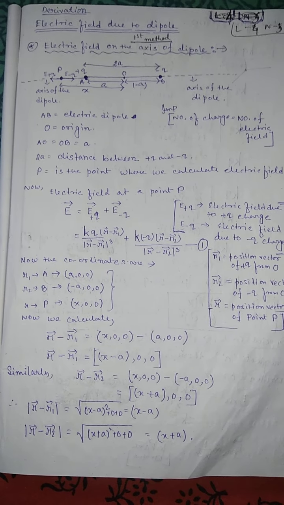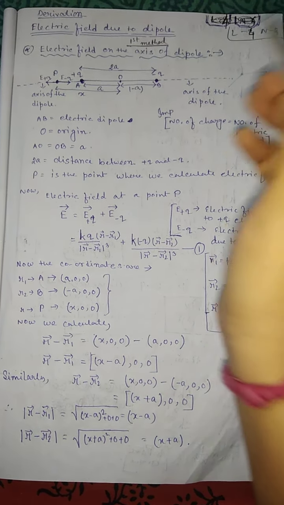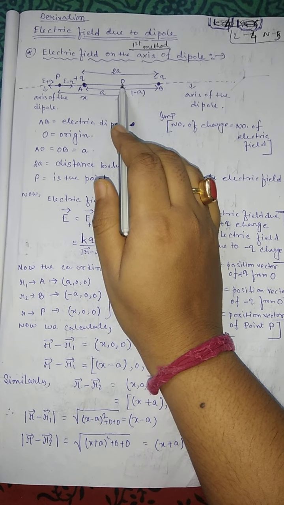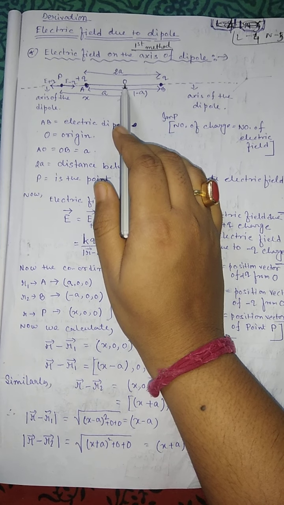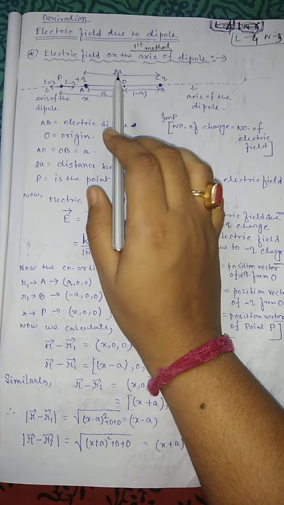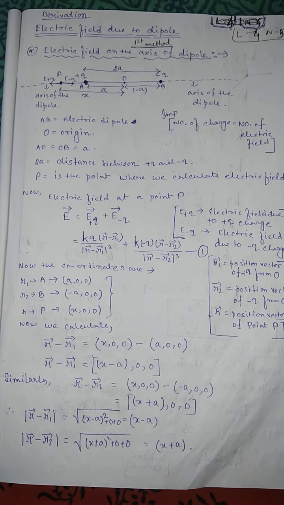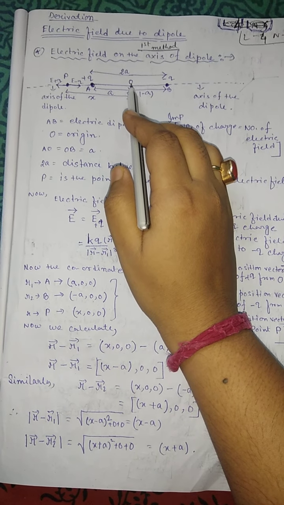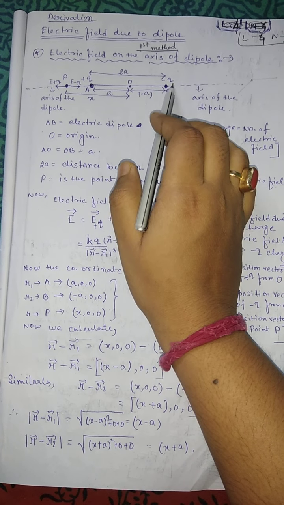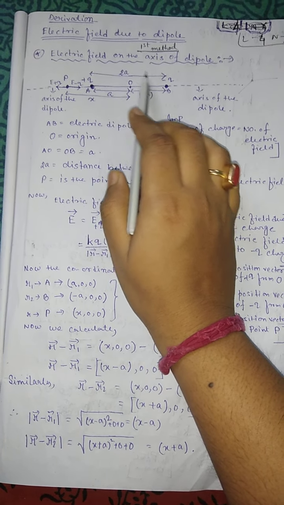Because we consider the vector form, the middle point O is the origin of this axis. From O to A is a, and from O to minus q is another a, making 2a.